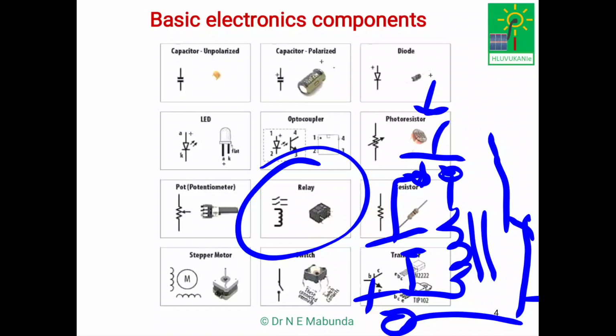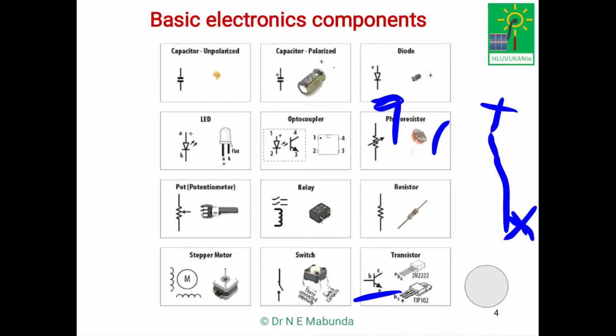Then this positive will be taken to a destination. If we release the switch, the spring will pull this back and the connection will exist no more. Then you switched off. That's how a relay operates.